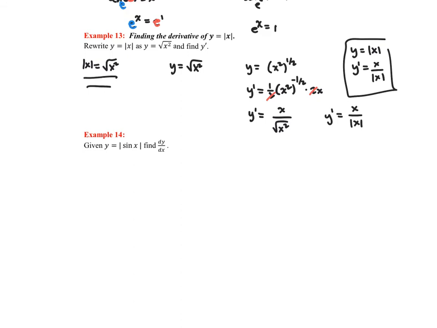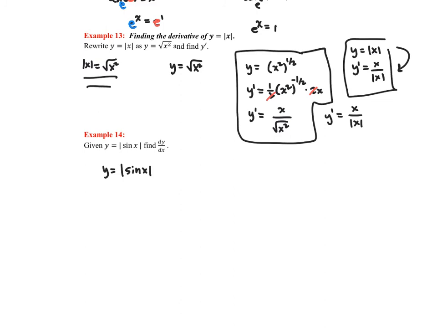Okay, so now let's look at y equals absolute value of sine x. Now I could go through this whole process that I did here, right? Writing that as sine x squared to the 1/2 power, or I can just use this model right here where sine x is equivalent in nature to x.